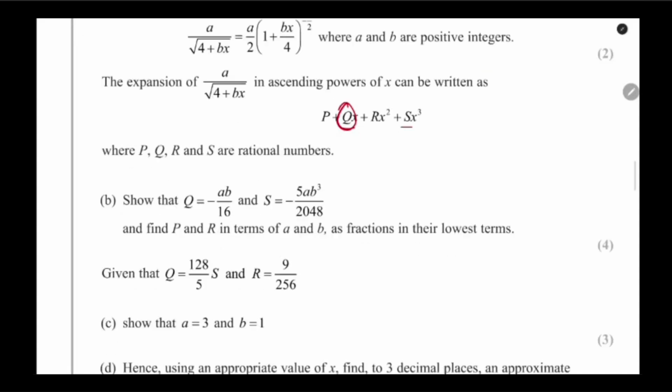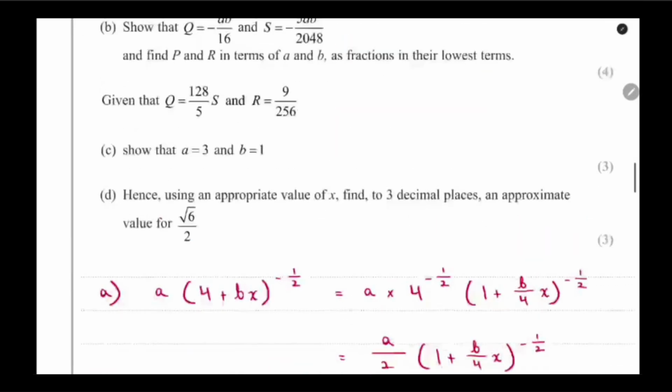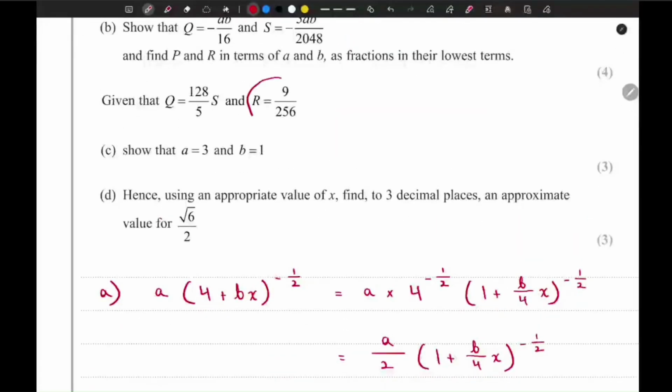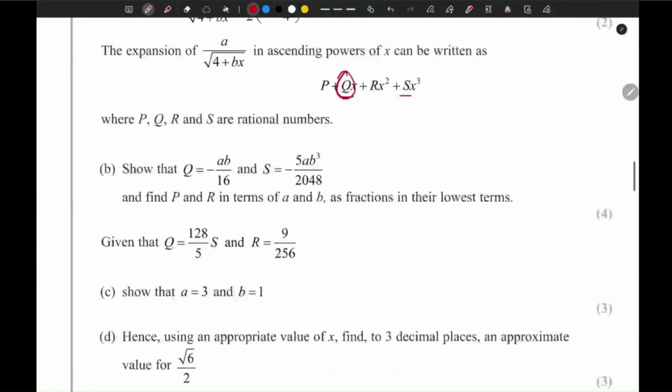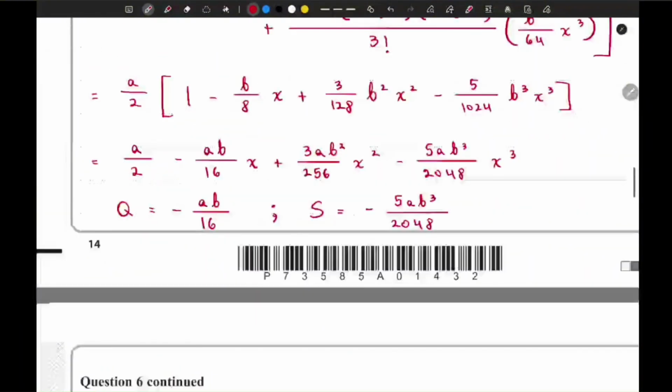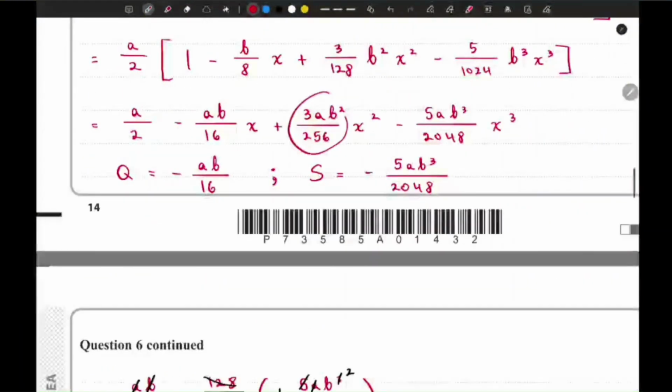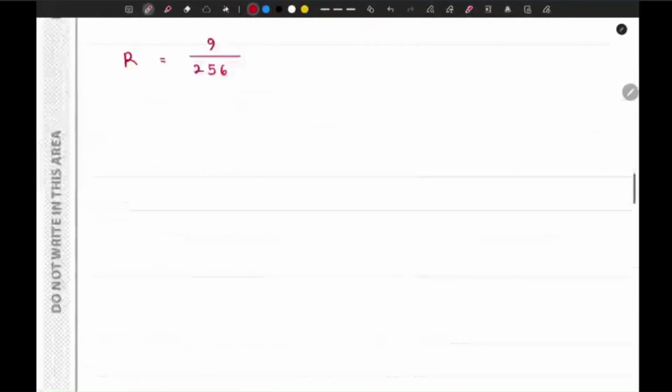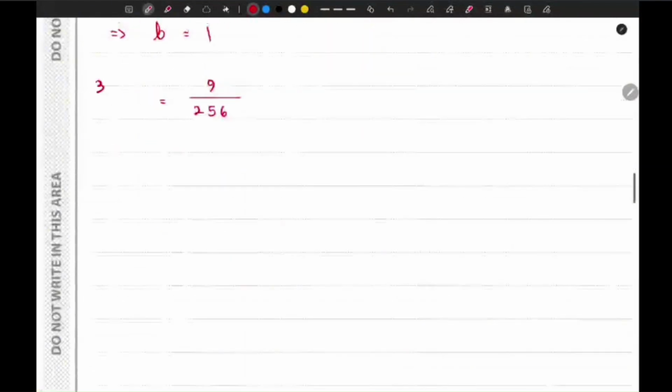Now let's move on to the second equation. R is equal to 9 divided by 256. So R is the coefficient of x squared. So the value of R is 3ab squared divided by 256.